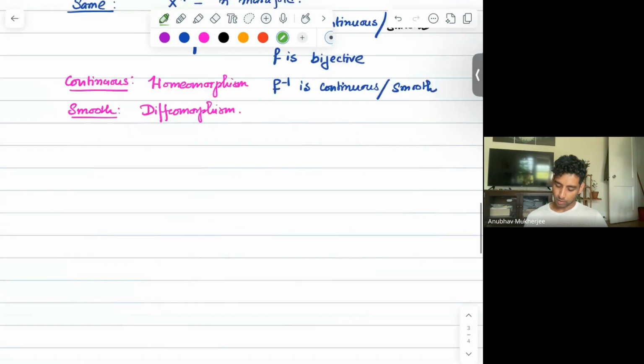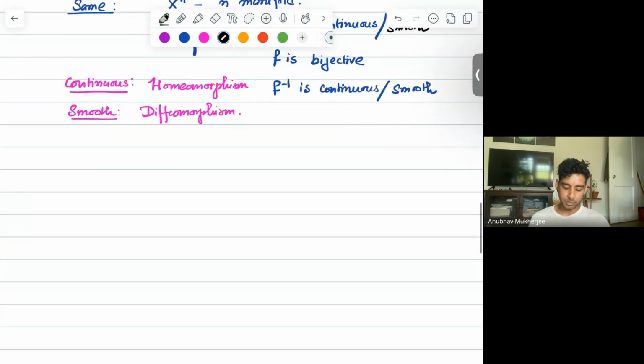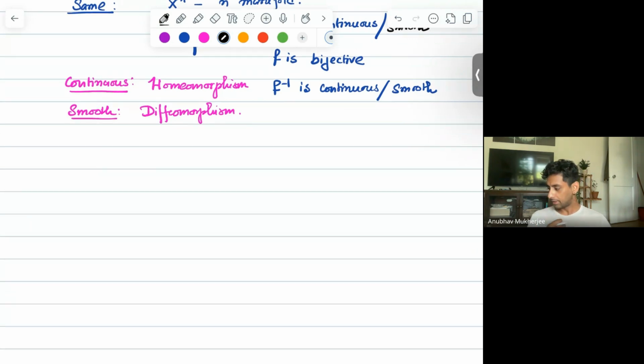So one could now generalize this question. How do we generalize? As I said, this is the simplest form, but essentially, given a manifold X^n, one could associate some kind of algebraic object to it, which is called a homotopy group.